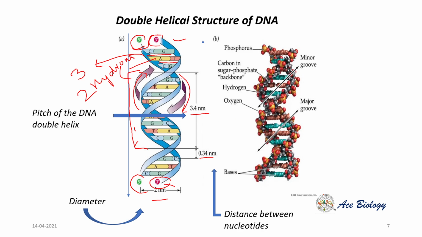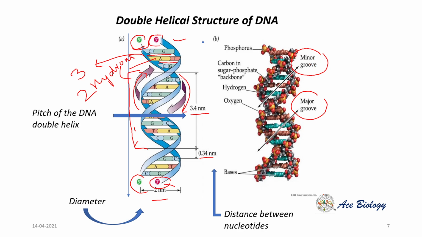Now apart from this, we also get to know these two terms which are generally used in this helical structure, that is the minor groove and the major groove. Now these are the consequences of different geometry of the base pairs. What happens? The glycosidic bonds of the base pairs are not diametrically opposite to each other, due to which we are having these grooves.